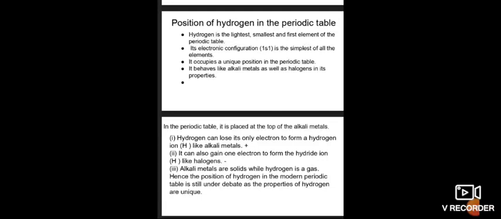It behaves as an alkali metal as well as a halogen. Why do we say it is an alkali metal? It can sometimes lose an electron. And why do we say it is a halogen? It can gain an electron as a hydride ion. But it cannot have all the properties of a metal or of a halogen, so hydrogen has its peculiar properties.